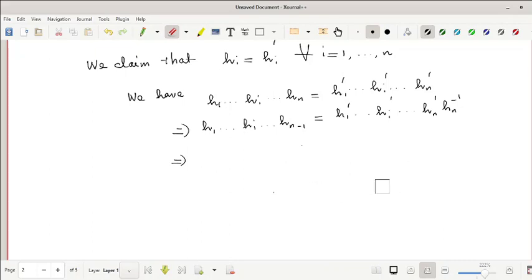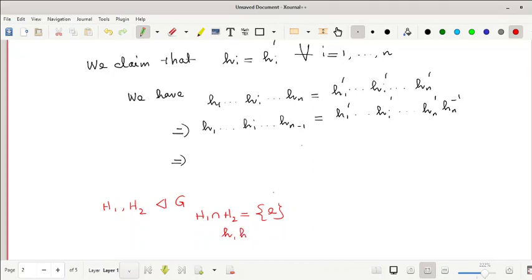Yeah, let us use one result. If you recall, this is not a part, but if you recall, we proved something that if H1 and H2 are normal subgroups of a group G, and if H1 intersection H2 is the trivial subgroup containing identity element, then elements of H1 and H2 commute.